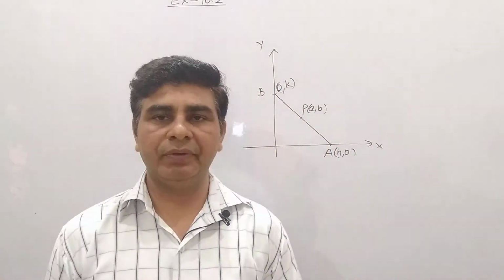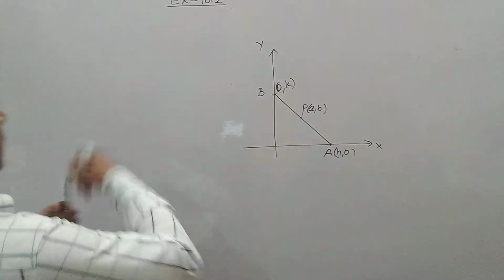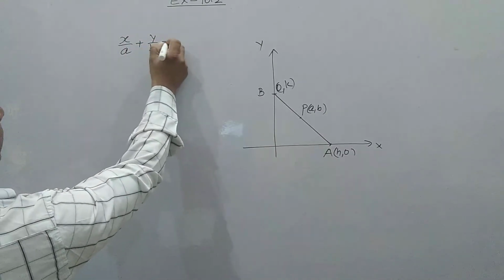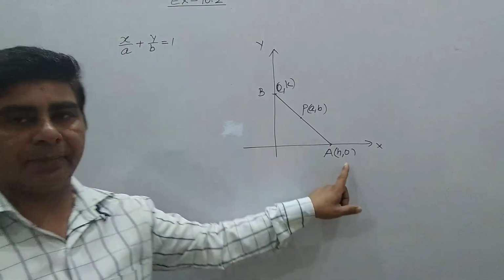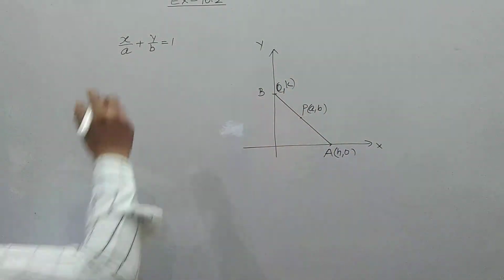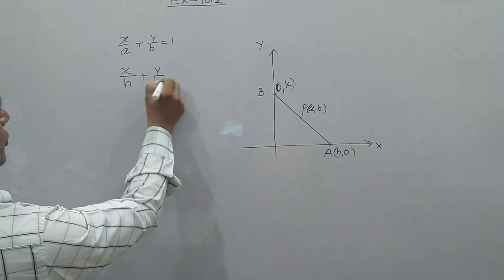Now we know very well that the equation of a line in intercept form is given by x by a plus y by b is equal to 1. But here the intercepts are given as h, 0 and 0, k. So this equation will be written as x by h plus y by k is equal to 1.